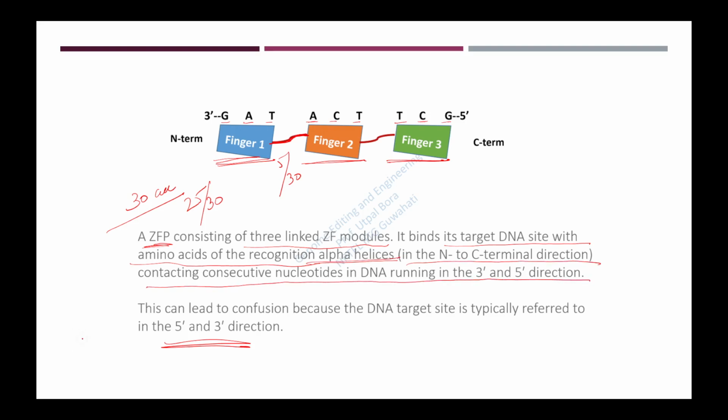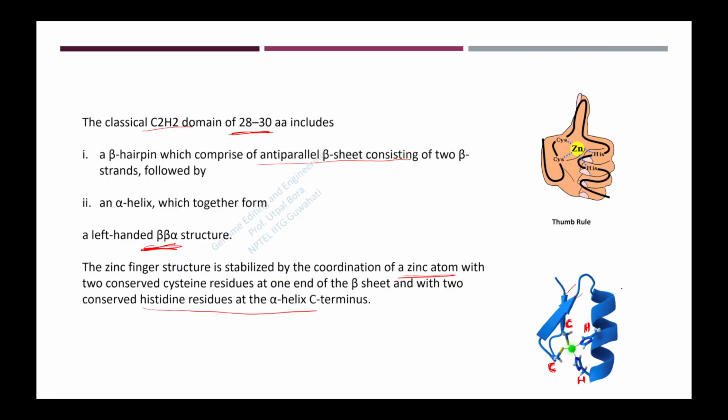As we saw in the structure, this particular alpha helix recognizes the double helix DNA, because the alpha helix can insert itself into the major groove of the DNA, and there the interaction takes place between the active residues in the alpha helix and the bases present in the major groove.